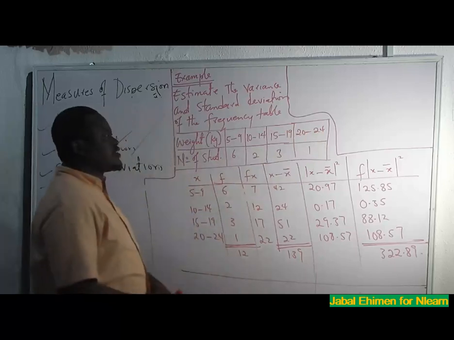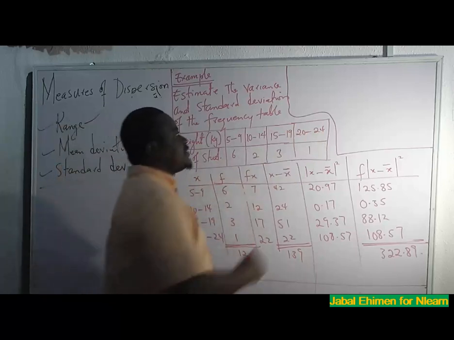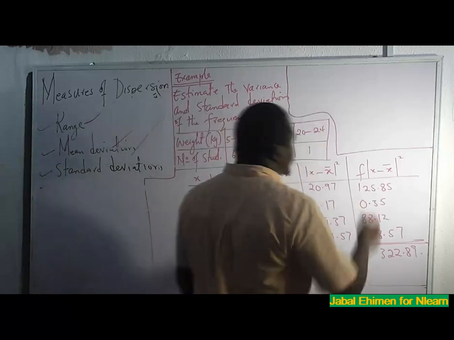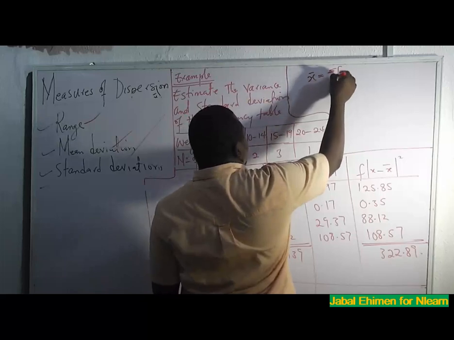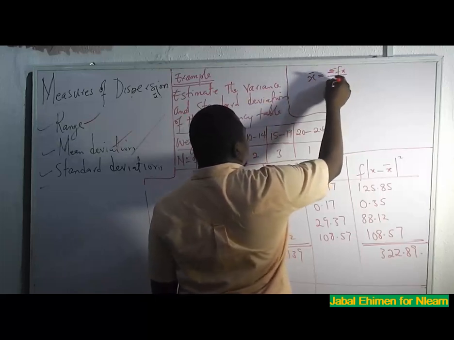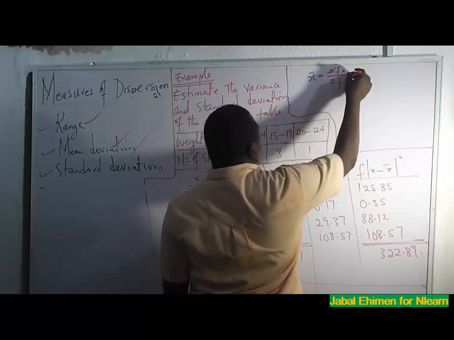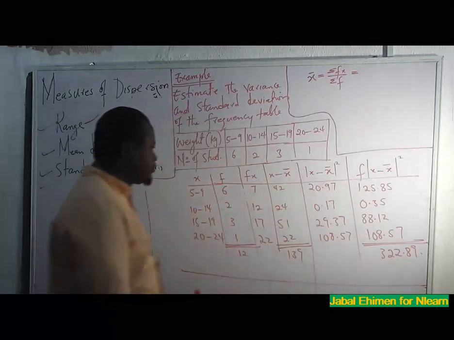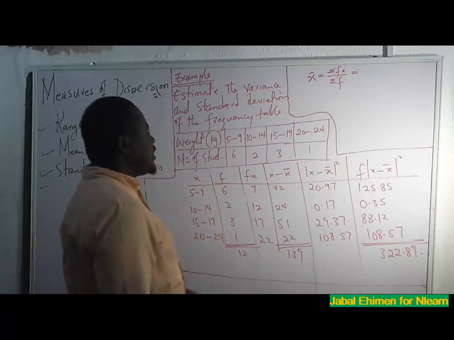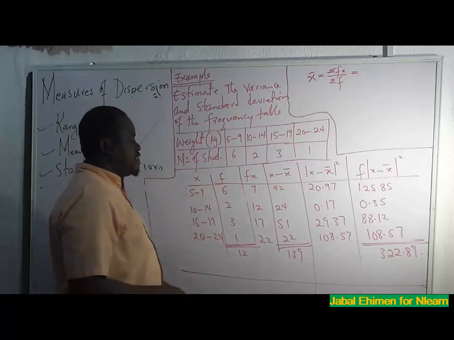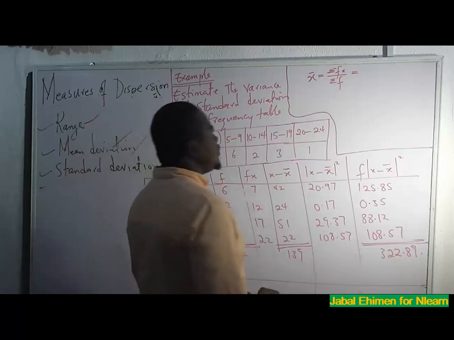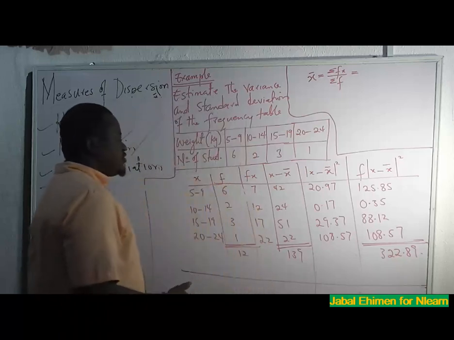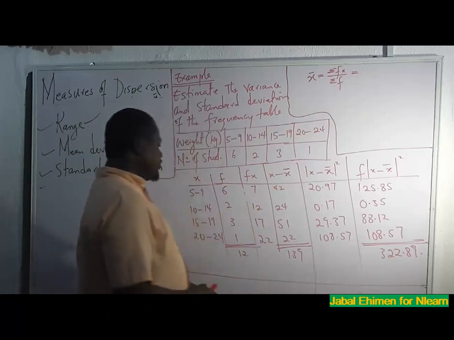Now, I'll take the first value. You remember that whenever you're doing your calculation, you have to find the value of the mean first. And that is Σfx over Σf. If you look at that carefully, you'll discover the frequency and the total of the frequency.